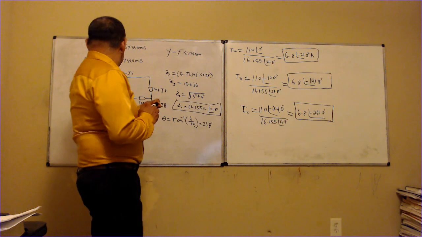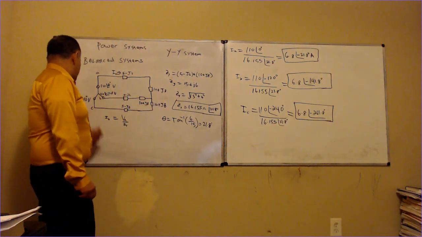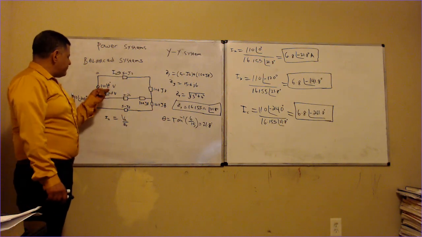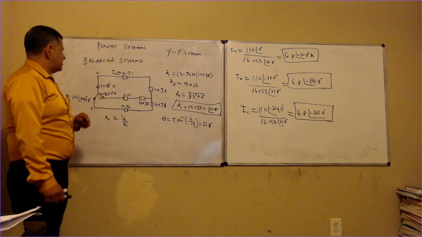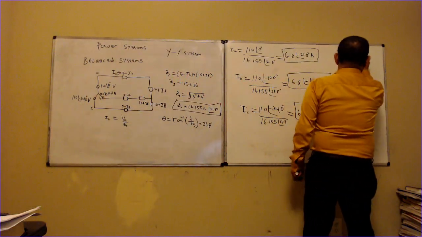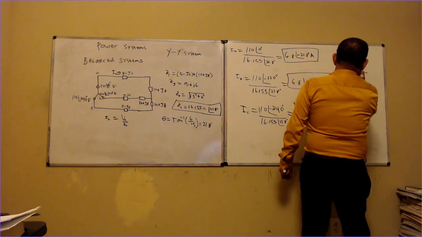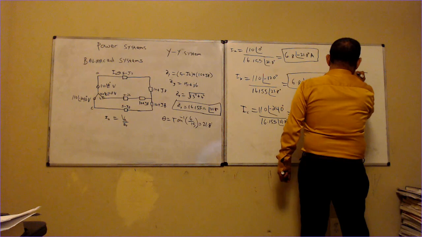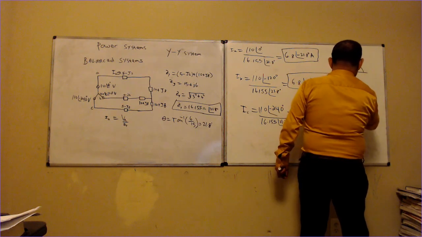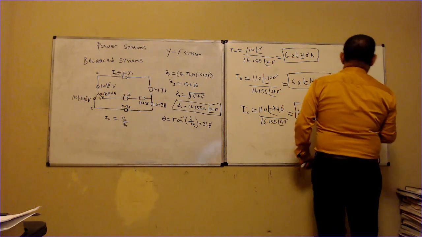I am going to explain this 240, because somebody can say, oh, they add a phase because this vector is a 0, right?